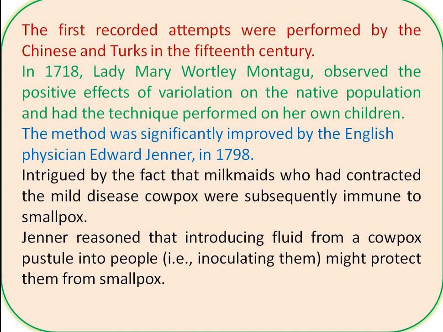Then, intrigued by the fact that milkmaids who had contracted the mild disease of cowpox were subsequently immune to smallpox, Jenner reasoned that inoculating people with material from cowpox pustules might protect them.